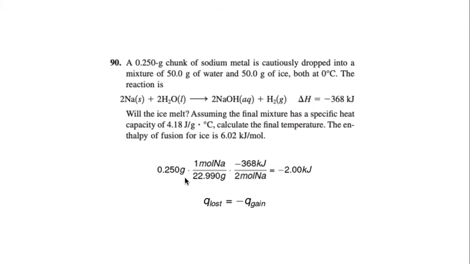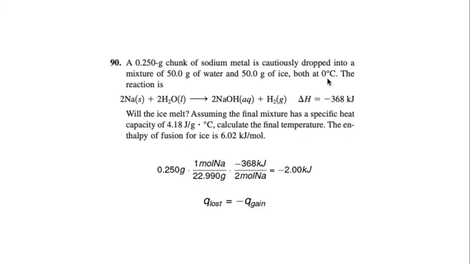And of course, we'd convert this to moles, and then use the enthalpy change associated with this reaction, negative 368 kilojoules per 2 moles of sodium, not per 1 mole, but 2 moles of sodium reacted. And that can give us the heat change from this system. And so that heat will be lost and absorbed into the surroundings, which is made of the water and the ice.